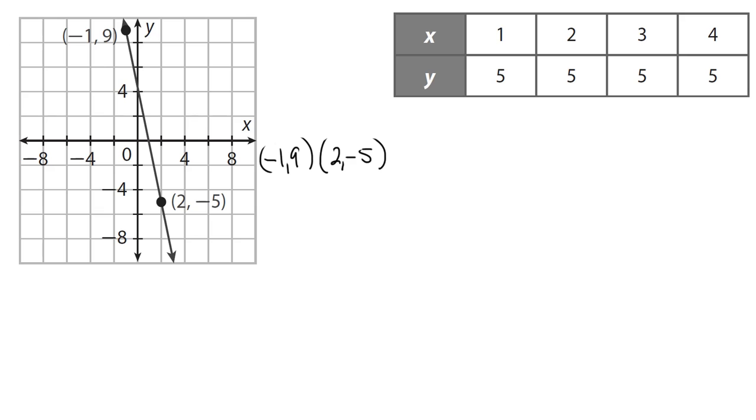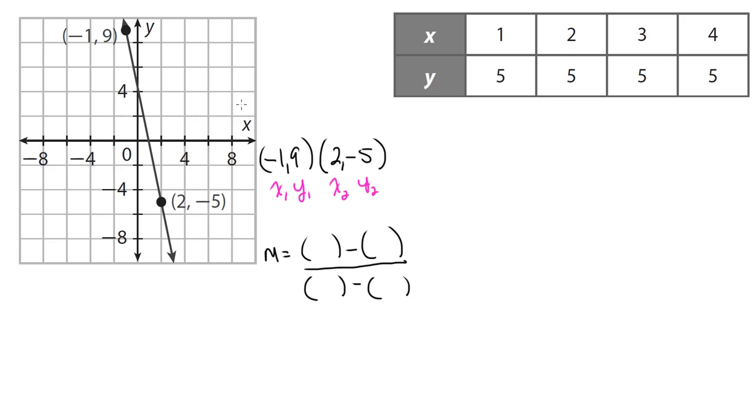So I'm going to label x1, y1 and x2, y2, and then I'm going to set up my formula to work this out. So m equals y2 minus y1 over x2 minus x1.